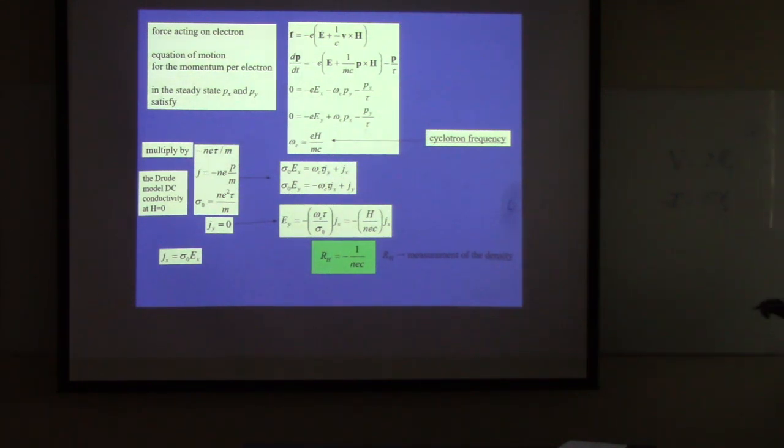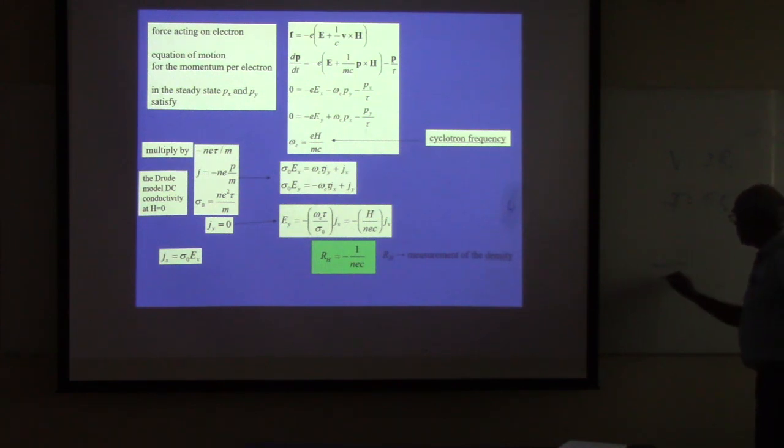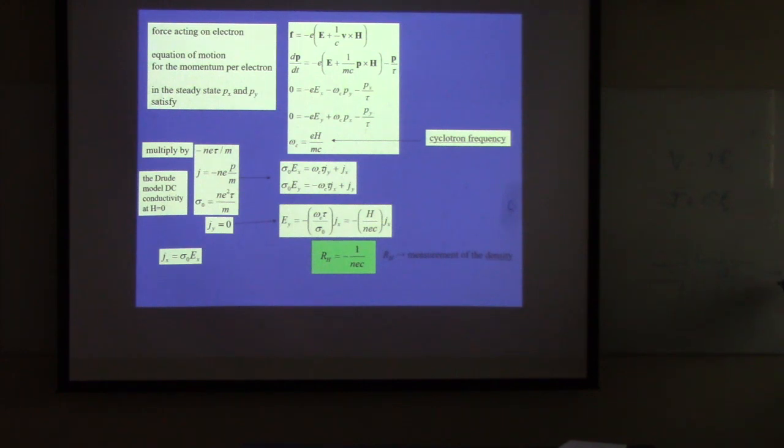Also, if I do this geometry, suppose my current is going this way. Suppose this is my x direction, right? If I measure voltage also in this direction, that resistance or resistivity we call rho xx.